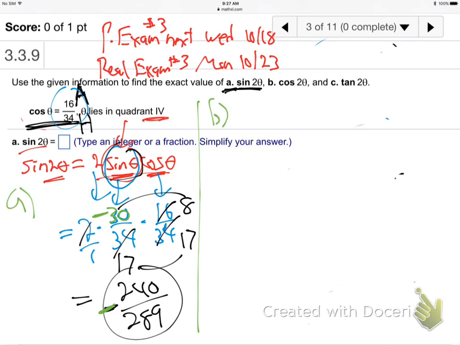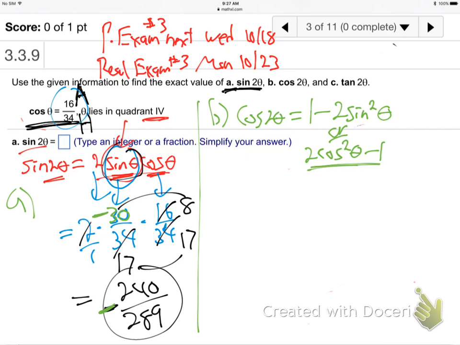Part B, they say, hey, find the cosine of 2 theta. Now I gave you a couple different formulas, right? I gave you 1 minus 2 sine squared of the angle, or 2 cosine squared of the angle minus 1. I gave you both formulas. You can use either one.